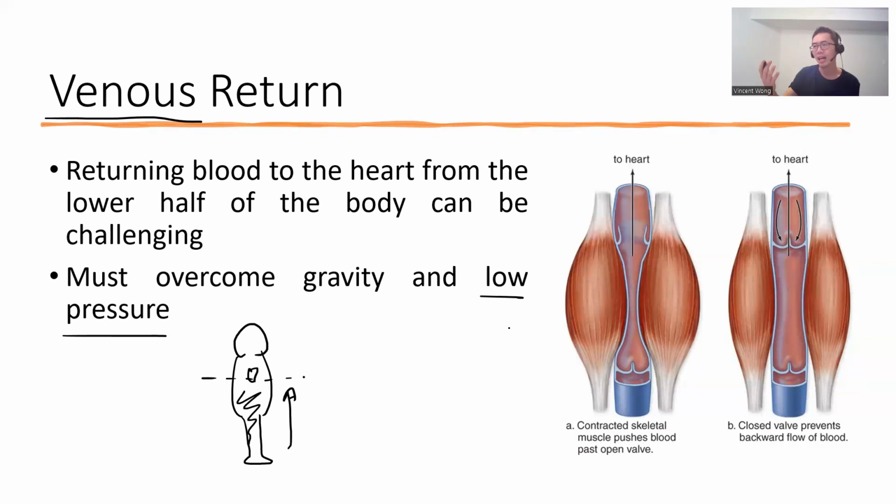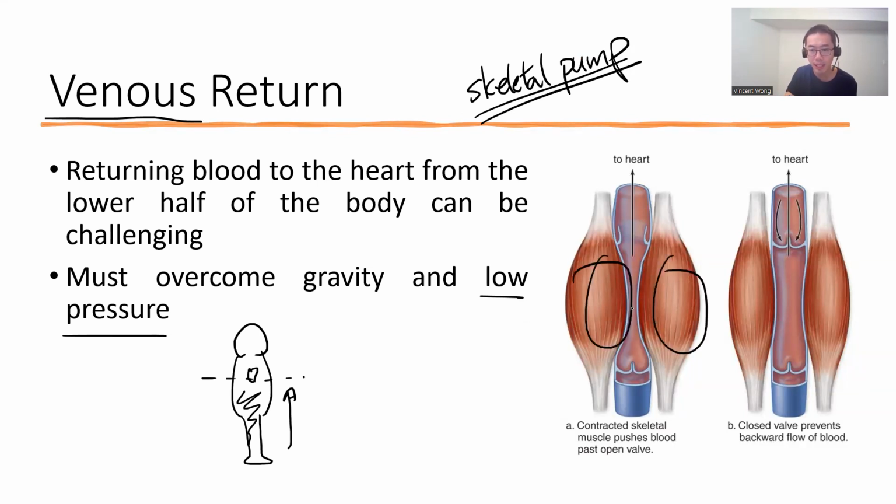So how do we fix those problems? Well, we use what's called a skeletal pump. Skeletal pump. Okay. So basically, in this diagram, you can see these are muscles in the legs. Okay, in the calf.